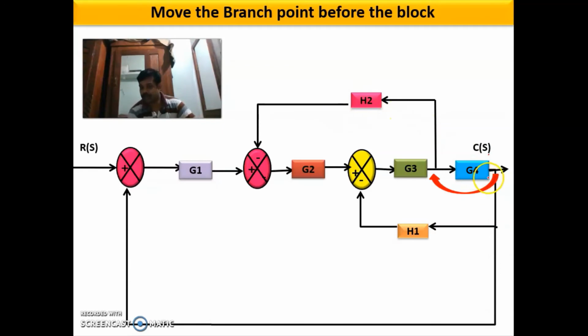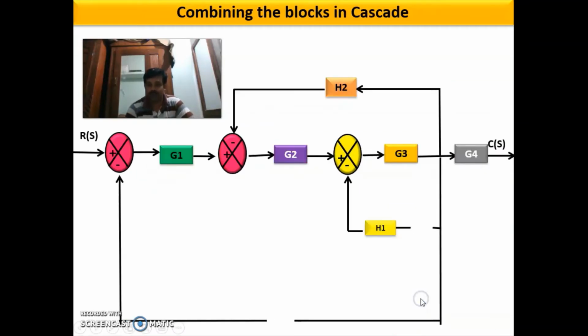Due to that movement, I have to multiply a block G4 here, as well as a block G4 here. That is the modification I have to do. So I have moved the branch point from here to here, and I have multiplied G4 here and here.